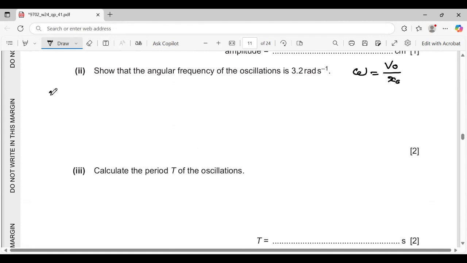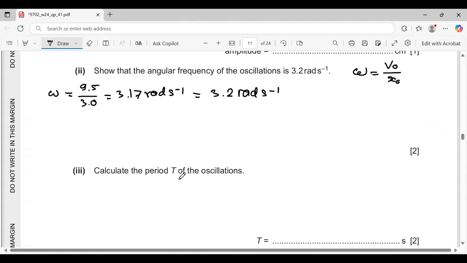So omega equals 9.5 over 3.0, which is 3.17 radians per second, or 3.2 radians per second.